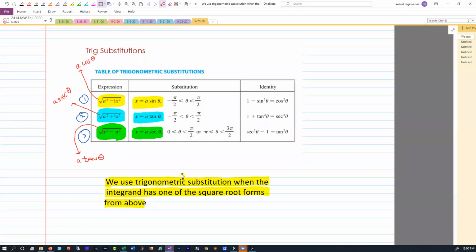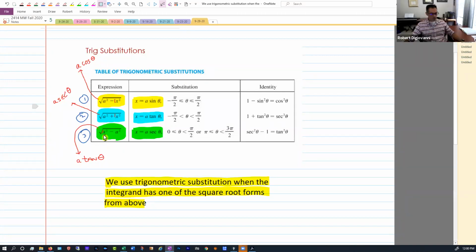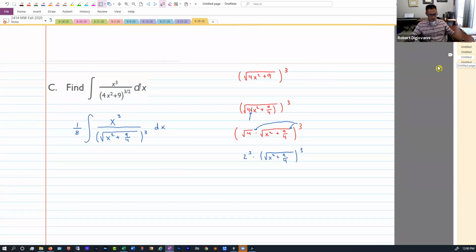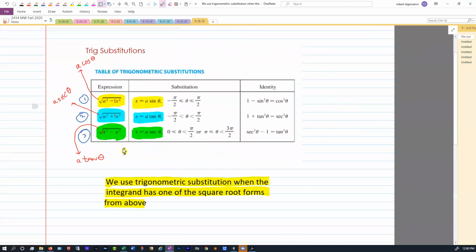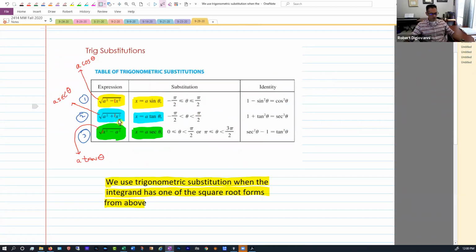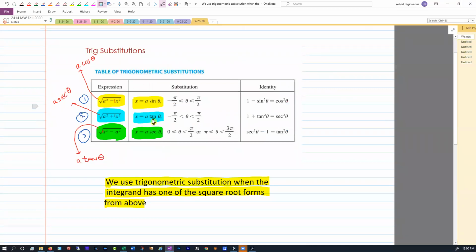We have 3. So you see something squared minus something squared here? Oh, no. Okay. So we have 2. Okay, so what is the trigonometric substitution we're going to make? X equals a tan theta. Good. Okay, so let's do that.